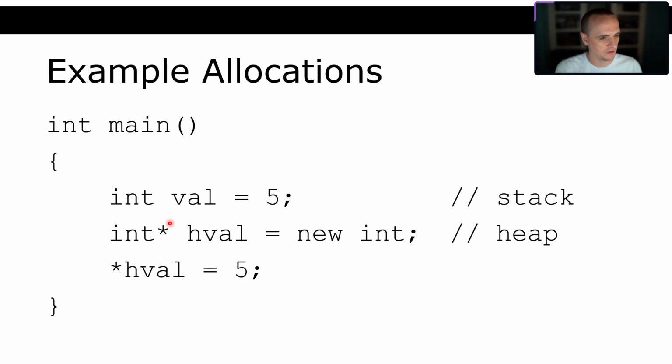We'll get into pointers, but just realize that int star means an integer pointer. Okay, so int value, that lives on the stack. Int pointer, heap value, equals new int, that lives on the heap.